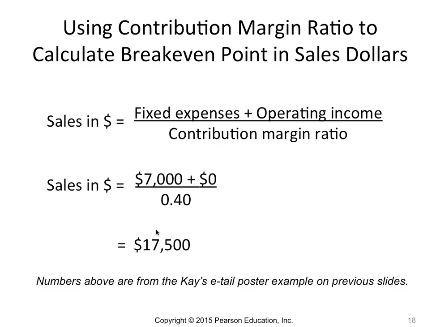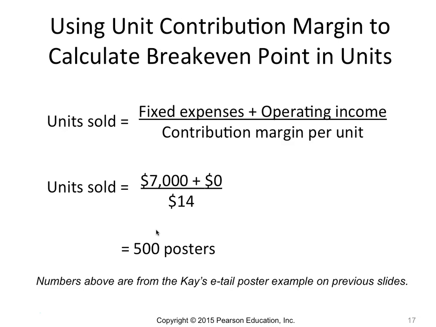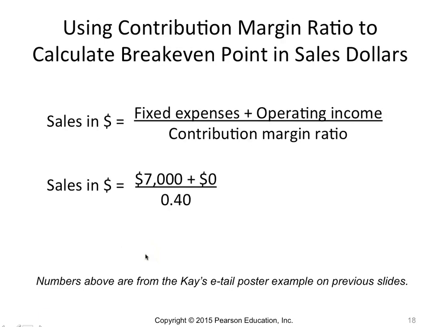Or you can do it this way: 500 posters is the break-even point, and we sell each at $35, so 35 times 500 gets us to the same number. It's the same idea, different approach.